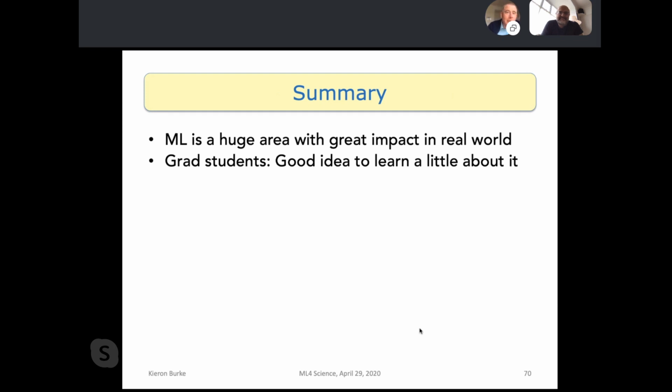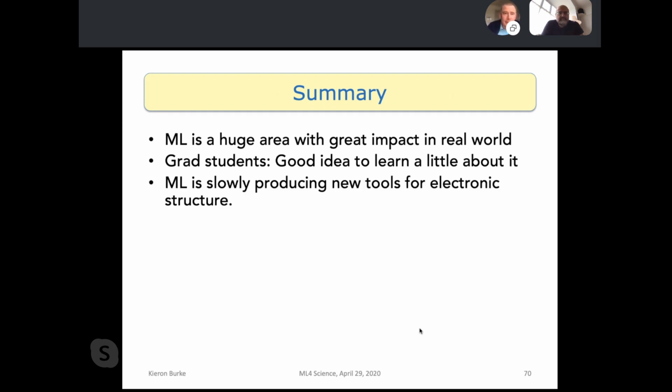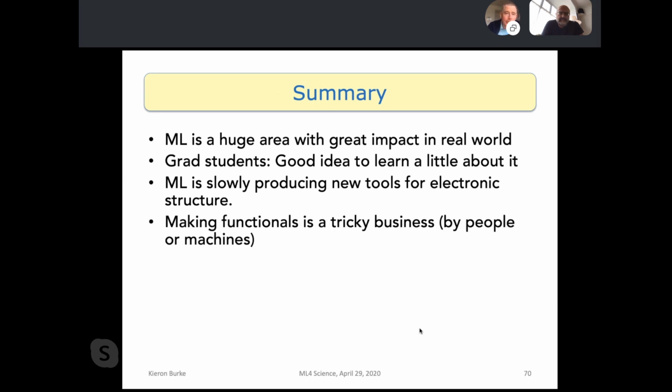Now you can do research and be paid through the nose for it. It's good insurance. Machine learning is slowly producing new tools for electronic structure, right? Good ones do not happen overnight, but they are beginning to appear. And making functionals, as always, is a tricky business, whether it's people or machines.